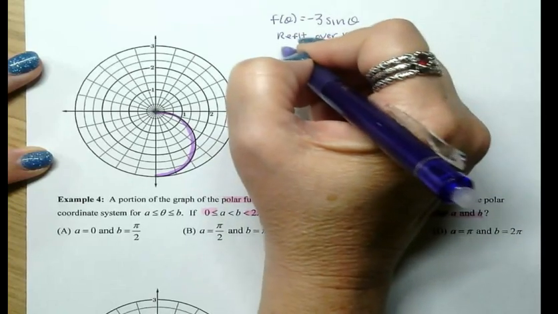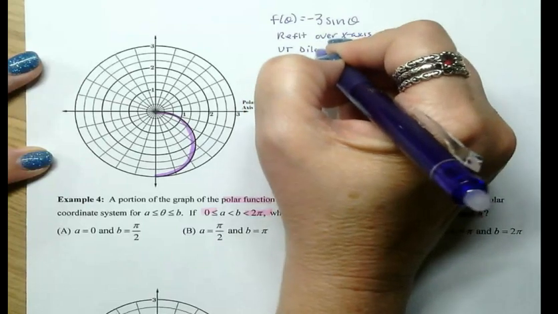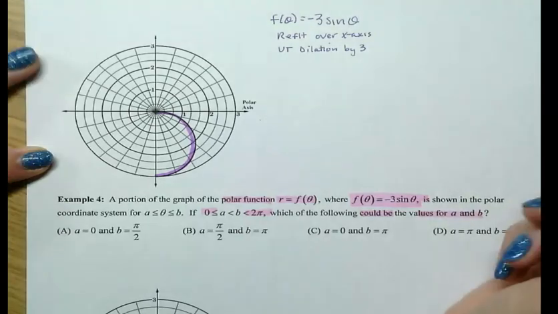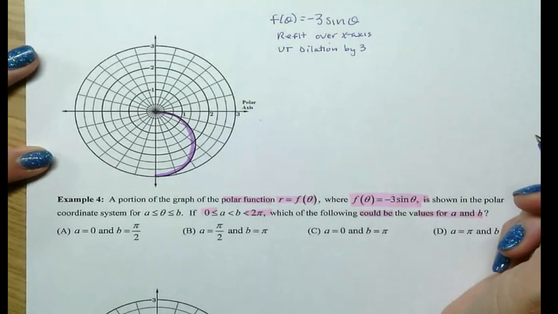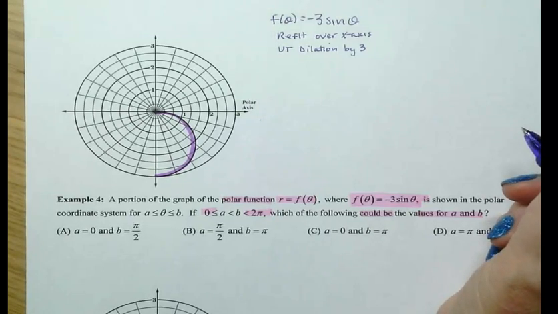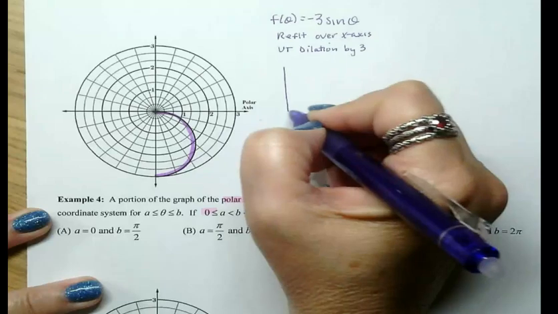It has a vertical stretch, or vertical dilation, by 3, and it's the sine function, right? So that's what we know from the graph. It has been vertically dilated, so it's going to be stretching up, stretching down. It hasn't been translated, but it has been reflected upside down. So I'm going to get my graph going here.